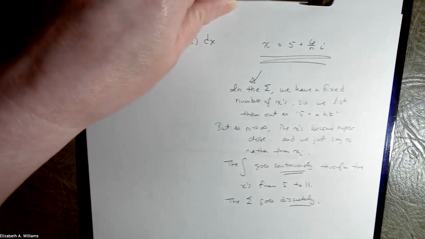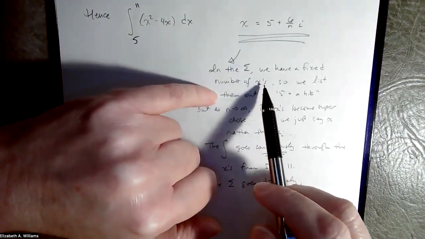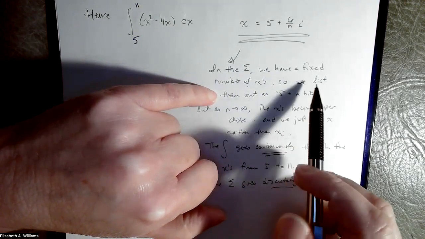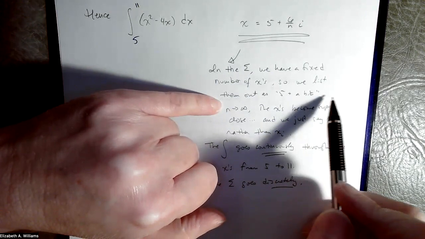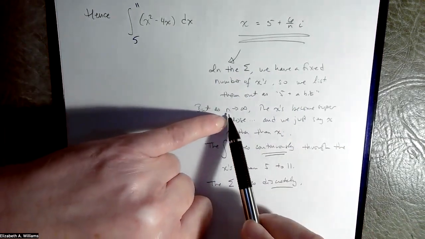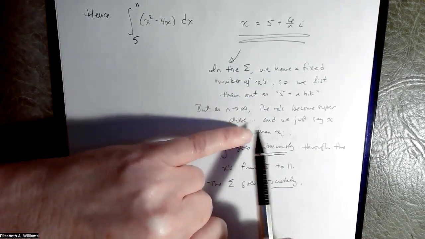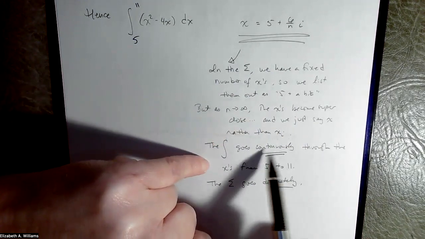I said here that in the summation, you have a fixed number of x's, a finite number of x's. So we list them out as 5 plus a bit, 5 plus a bit more, 5 plus a bit more again. But as we let n get stupid big, all these x's get closer and closer to each other, and it becomes continuous in the limit.